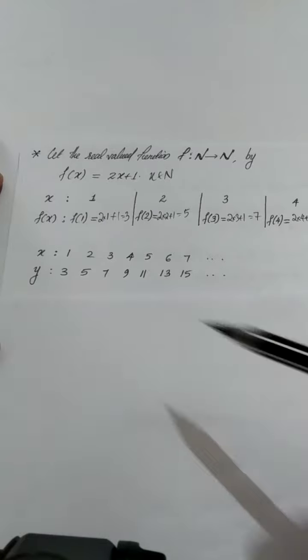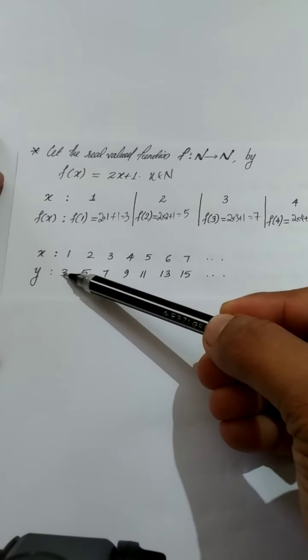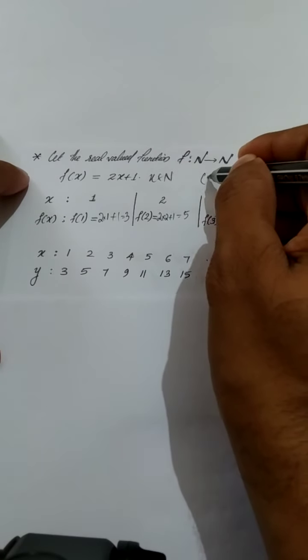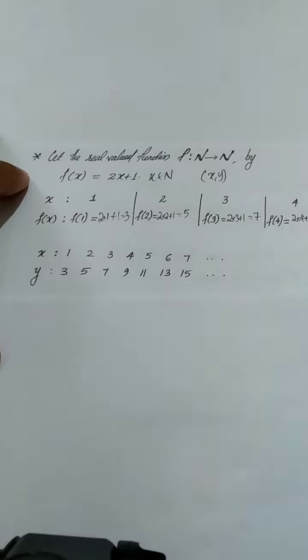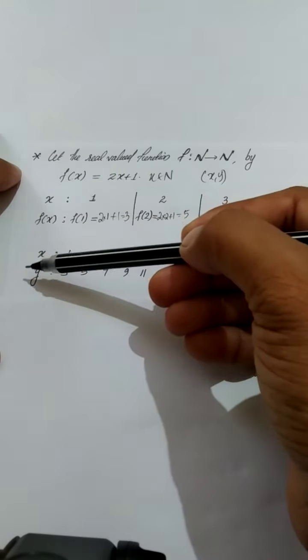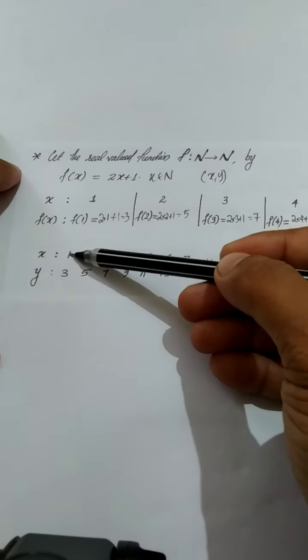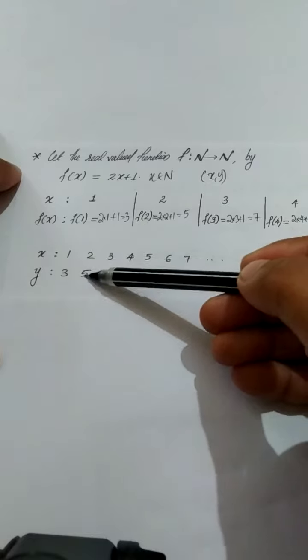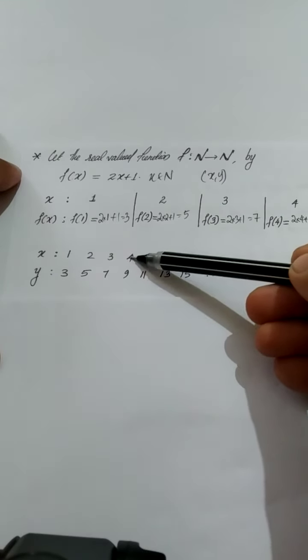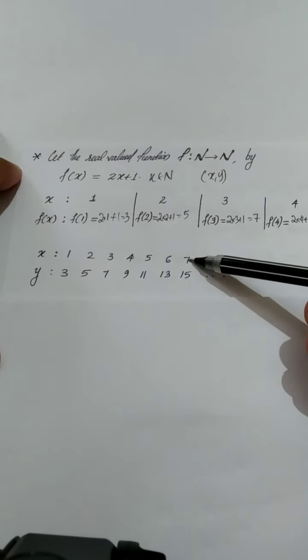So in the chronological order, we can find the image. Image of 1 is equal to 3. Here we are writing the coordinates like this, (x, y). So here x and f(x) is equal to y. y is the f(x). So if x equal to 1, image of 1 is equal to 3, image of 2, 5, image of 3, 7, image of 4, 9, image of 5, 11, image of 6 is equal to 13, image of 7 is equal to 15.